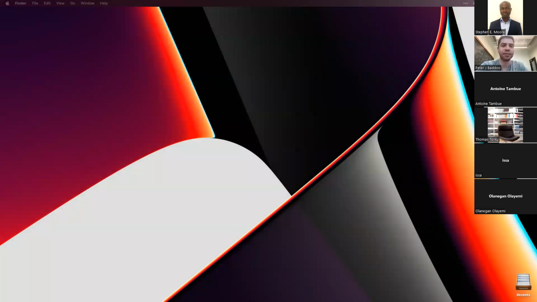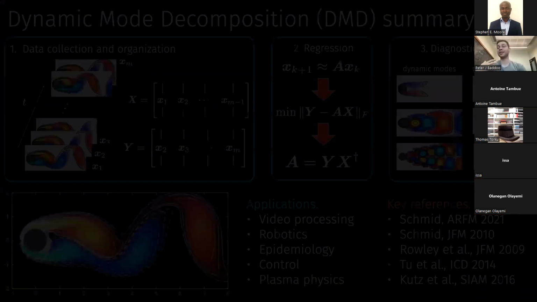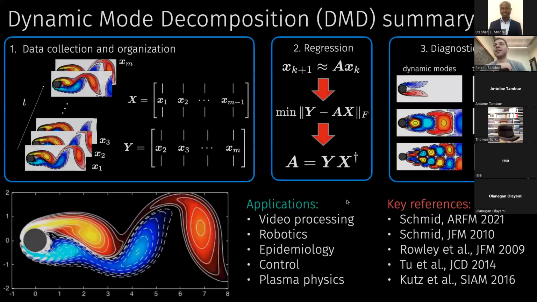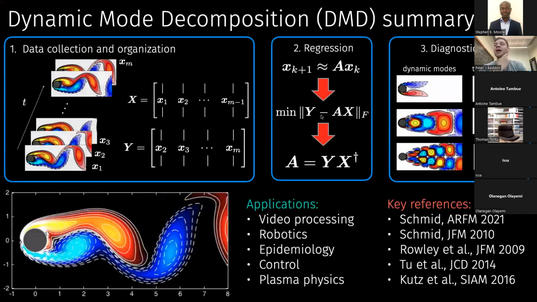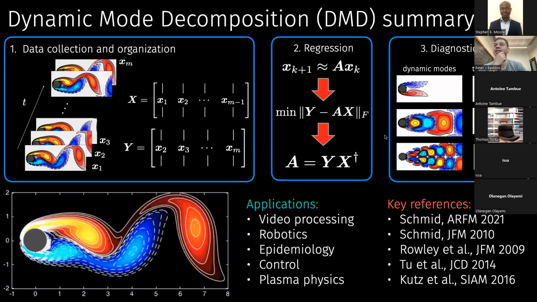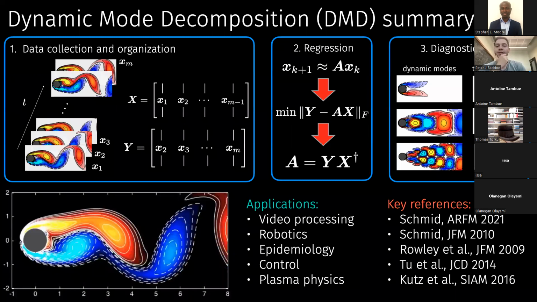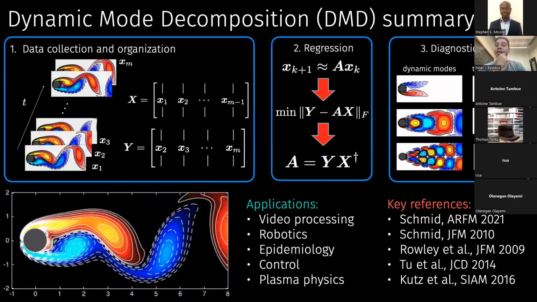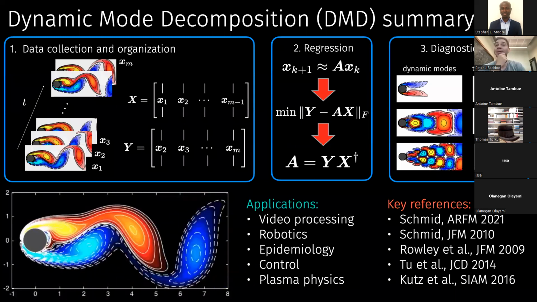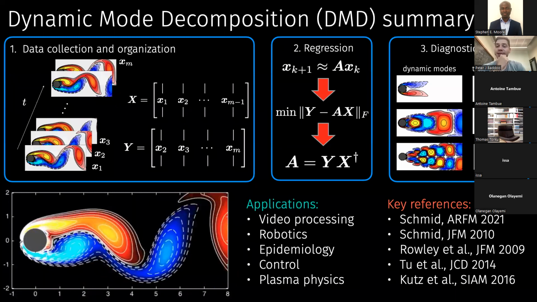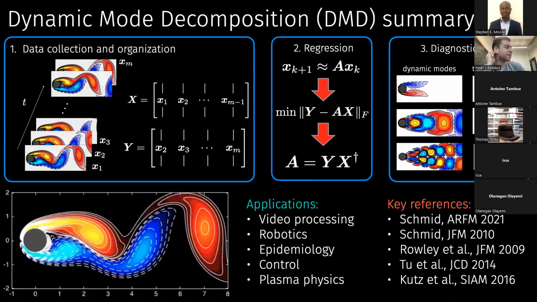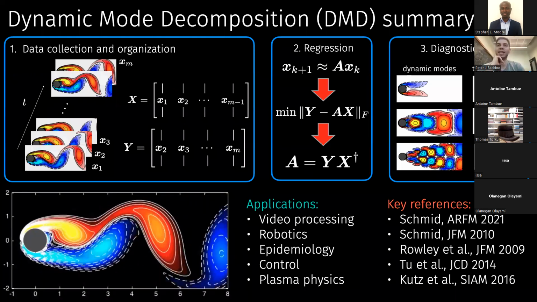In that method, one seeks to find not necessarily a linear system like we did here, but a nonlinear system that's sparse. So SINDy, developed by my collaborator Steve Brunton, is suitable for nonlinear systems, but it struggles with high-dimensional systems. Although there are various techniques of trying to deal with that.